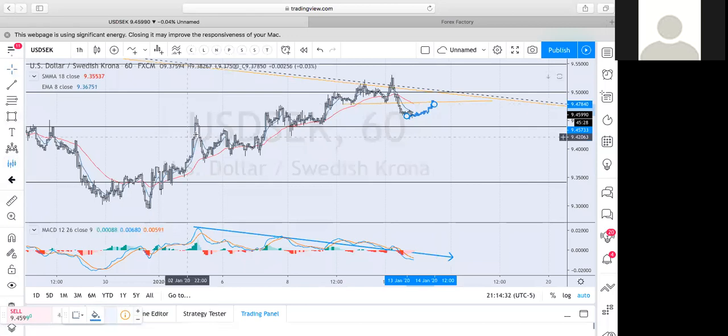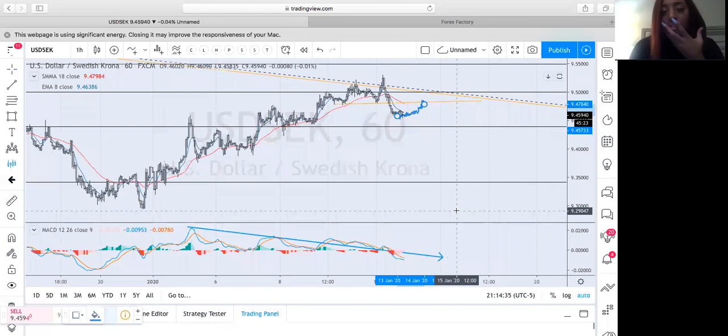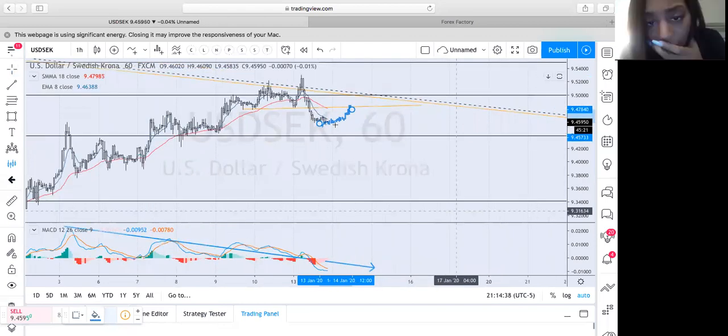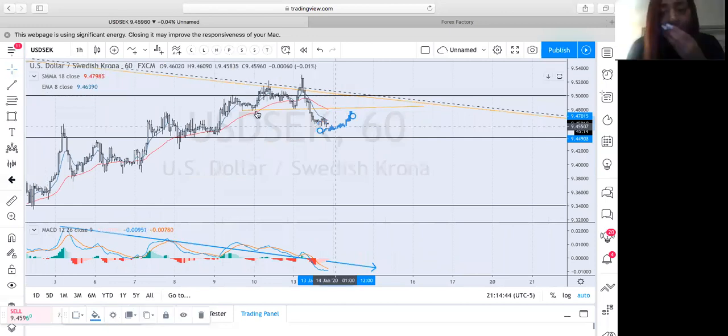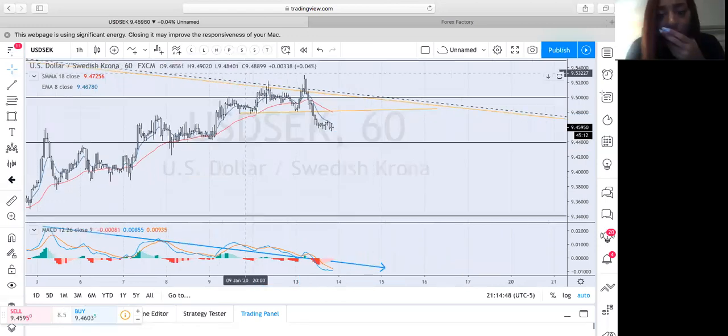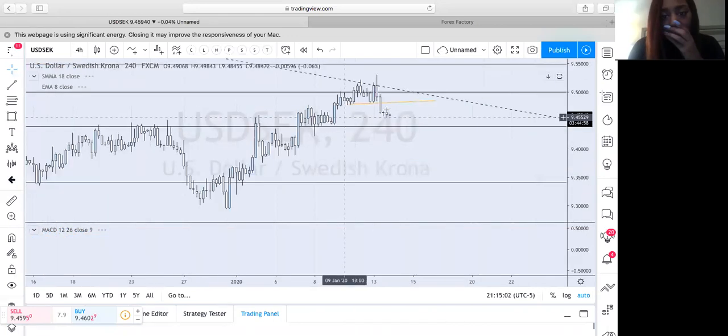See if it pulls back like this and then drops. But there's a lot of exhaustion here, and you see this big bearish candle here. Let me see on the 4 hour. Yeah, just wait for this to pull back. That's if you want a perfect entry.